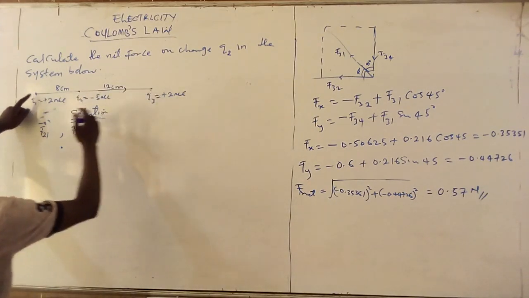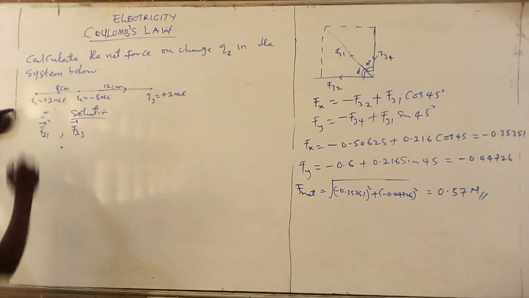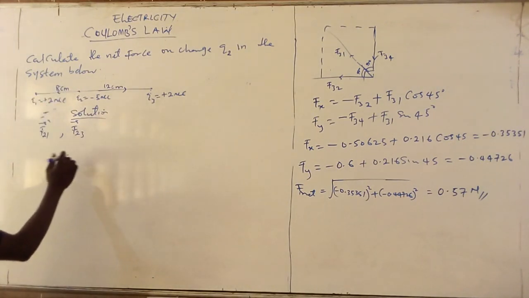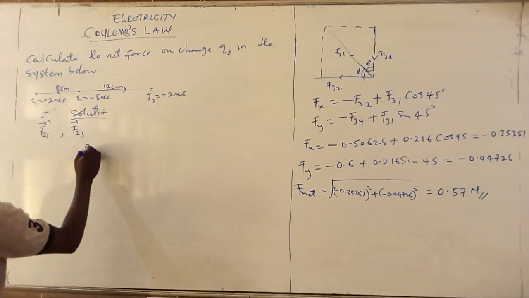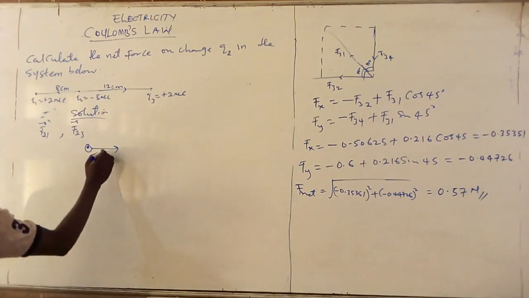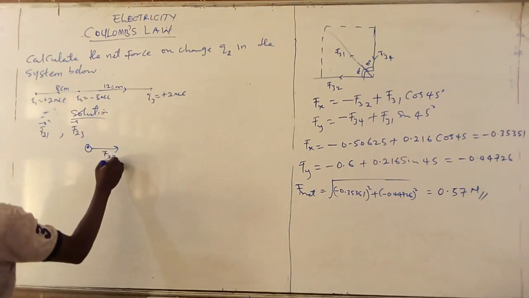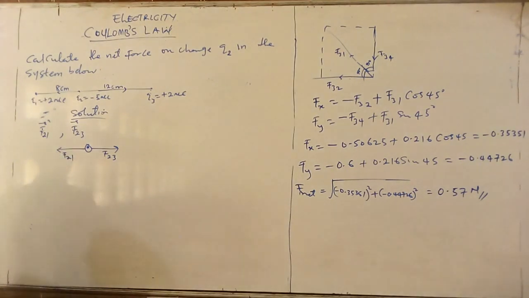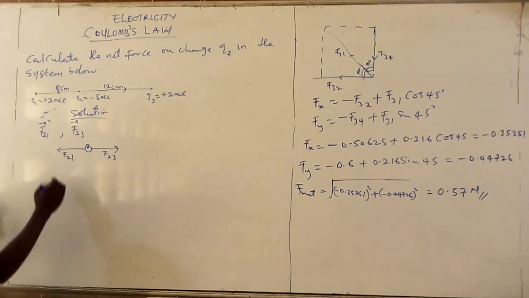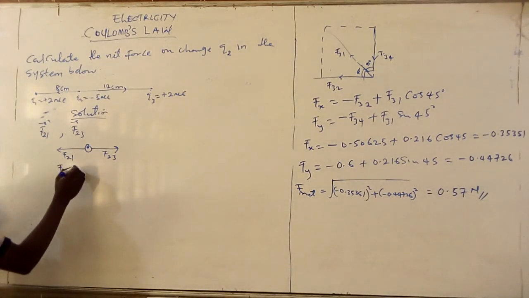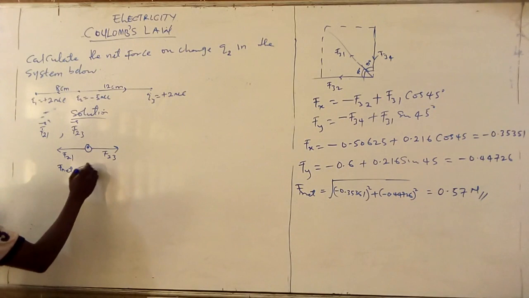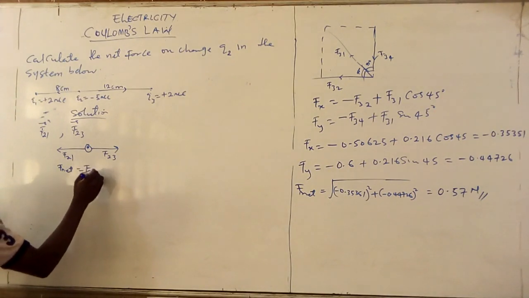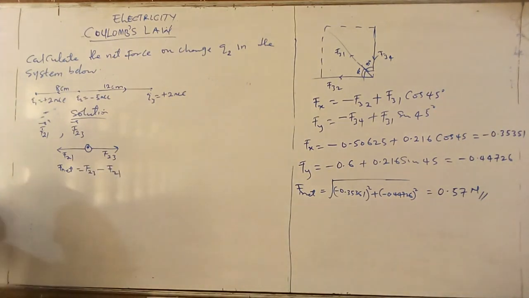It will attract the positive charge, and it will also attract the positive charge here. It means that this one is moving in this direction, which is F23, and F21 is also moving in this direction. So if we have something like this, what are we going to do? We just say that our net force is equal to the one that is moving in this direction, F23 minus F21.